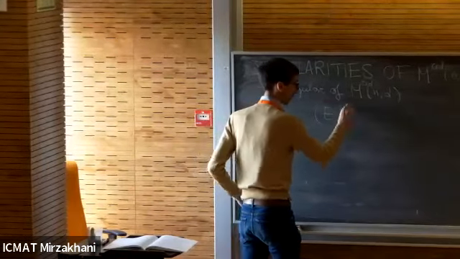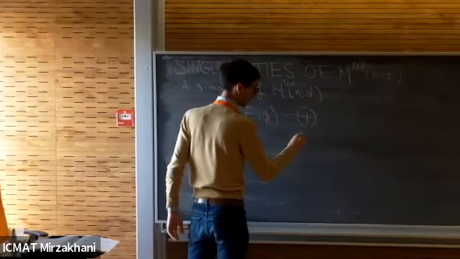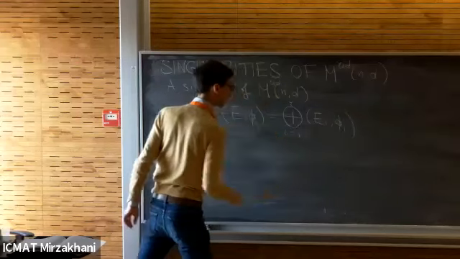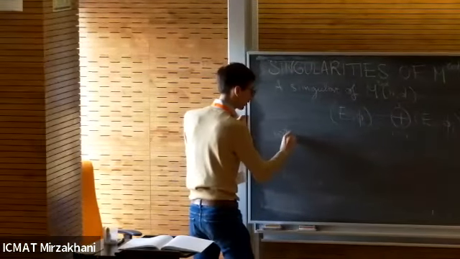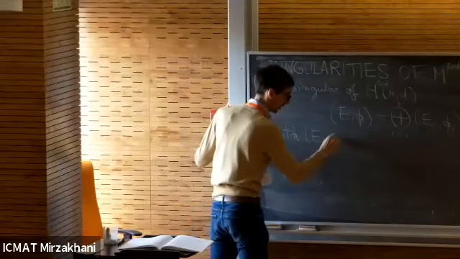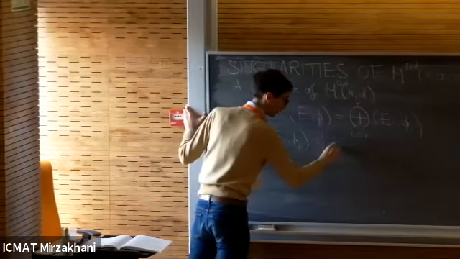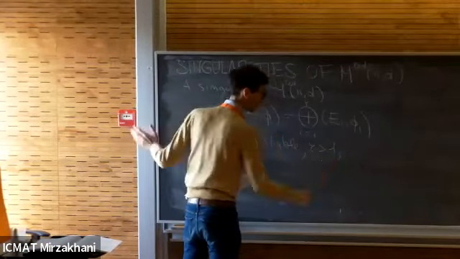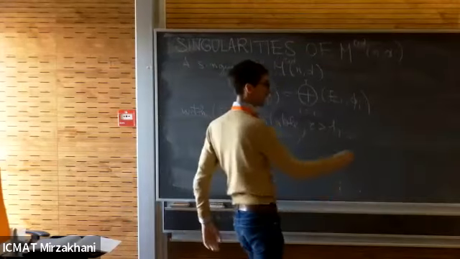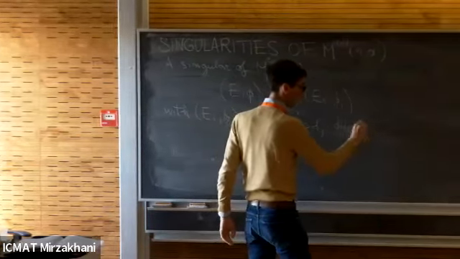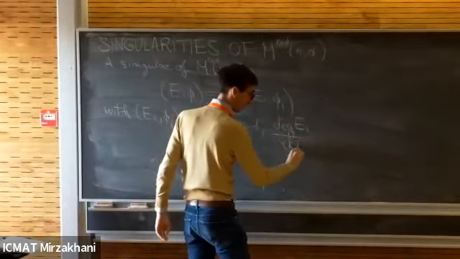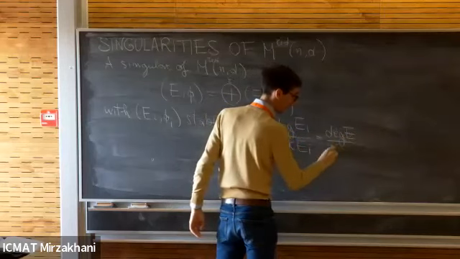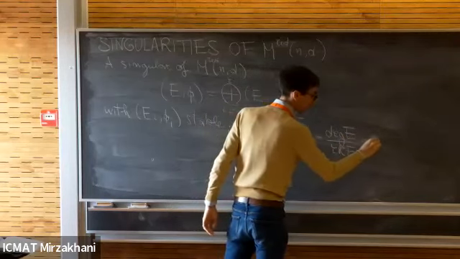So it is a polystable object which is a sum of stable objects, stable Higgs bundles, E_i. Well, if we want a singular point, r is better to be greater than 1. And it is polystable in the sense that the degree of E_i over the rank of E_i is equal to the degree of the whole Higgs bundle over its rank, which is d over n.